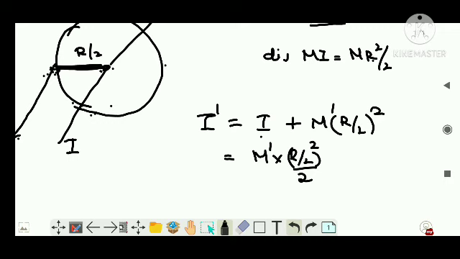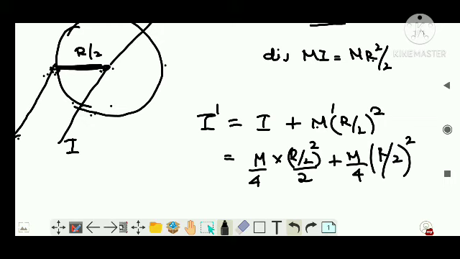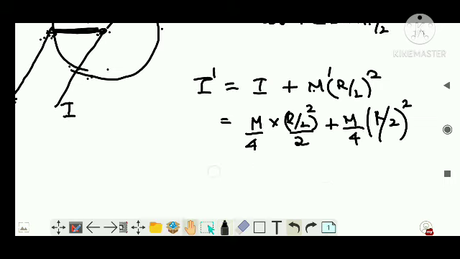And what is the new mass of this disk? It is m by 4, so replace m dash by m by 4, plus m by 4 into r by 2 whole square. Now find the value of I dash.